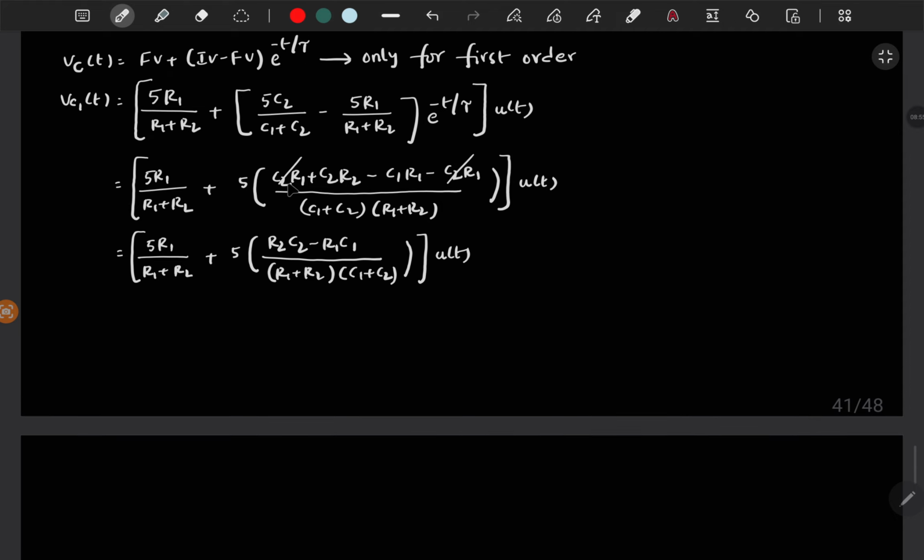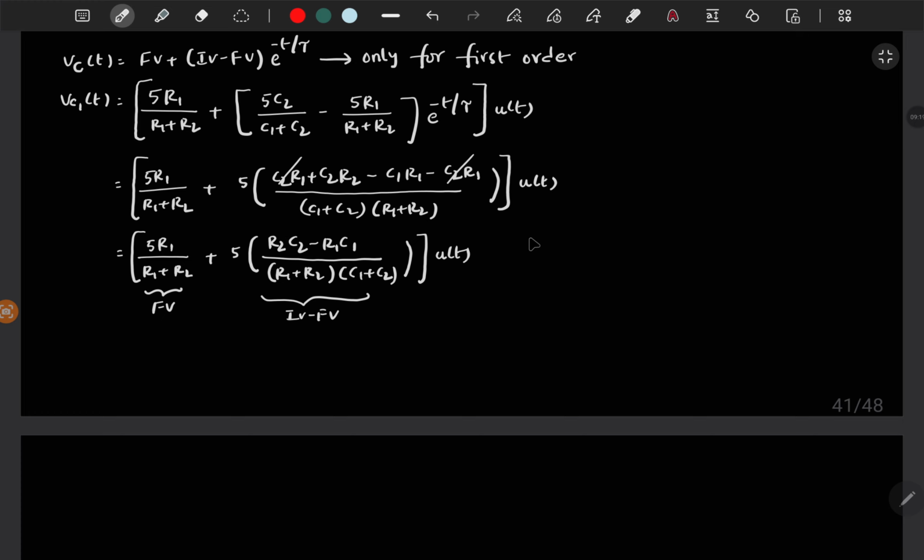So this is the final value and this is initial value minus final value. If initial value minus final value is positive, then the initial value should be greater than the final value. It means the capacitor is discharging.